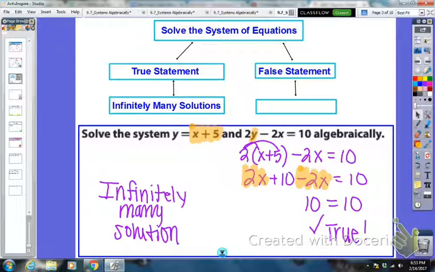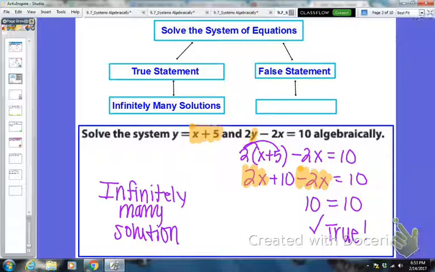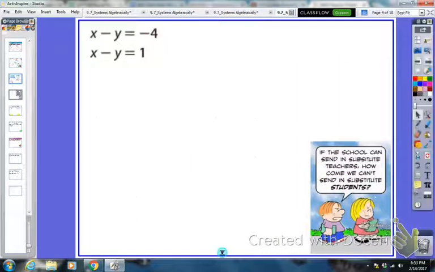Okay, so I'm sure you can predict about a false statement, but let's look at an example. You have x minus y equals negative 4 and x minus y equals positive 1. Well, if you notice, this x minus y and x minus y are the exact same thing. You can't have the same thing on the left be equal to two different numbers on the right-hand side.